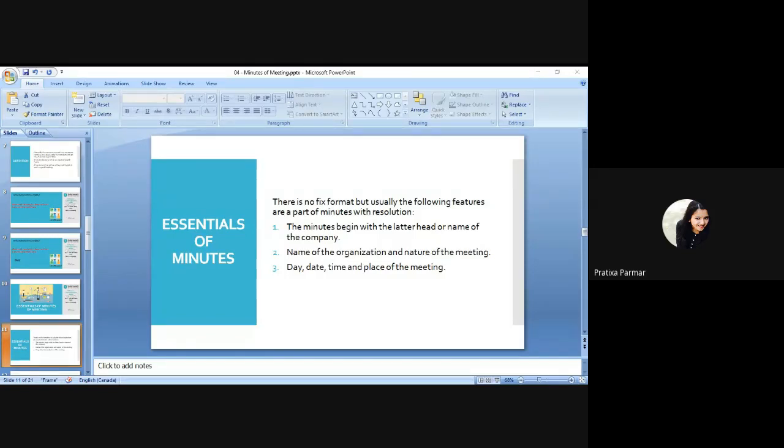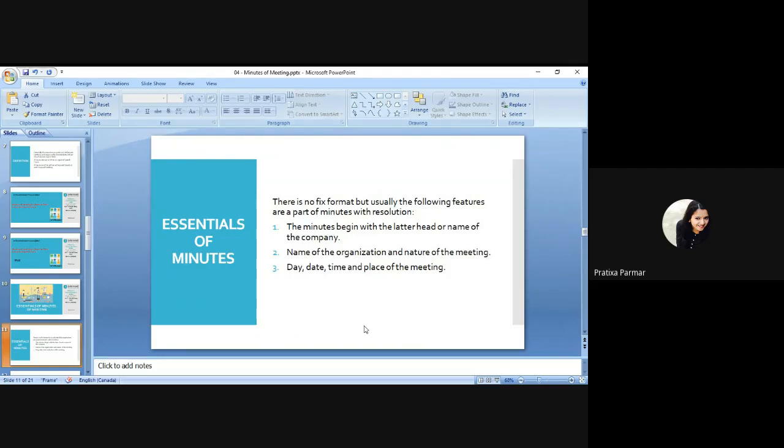So you're supposed to follow the format that is proposed by the organization where you're working. Now, to maintain the minutes of the meeting, there are certain features that are really important.